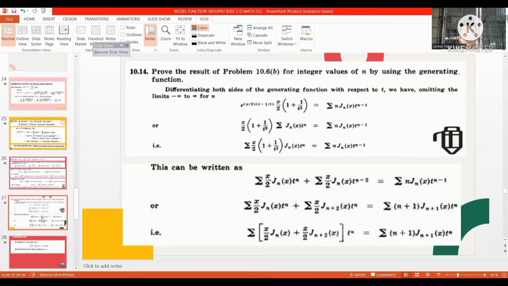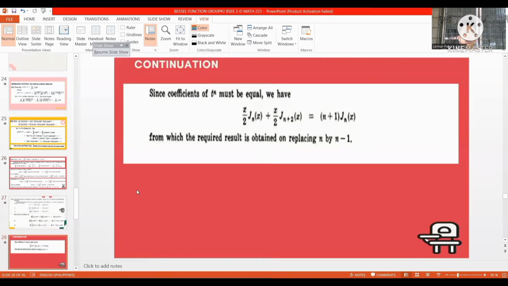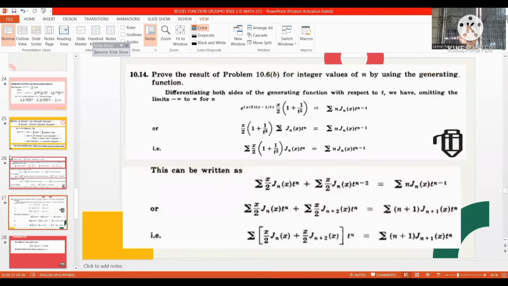And the next is the continuation of problem 10.14.